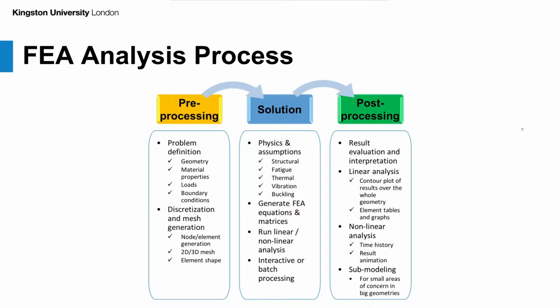Then you need to find out which material is going to be used, because each of them will have different properties which we need to work with. We need to find out what loads we have, how much they are, and also the boundary conditions, the condition of the part we have. Then we need to talk about mesh generation and how we're going to discretize it, which means talking about the nodes, the element generation, the type of mesh, whether it's 0D, 1D, 2D, or 3D meshes, and the element shapes as well.